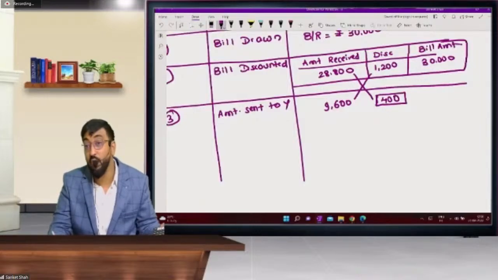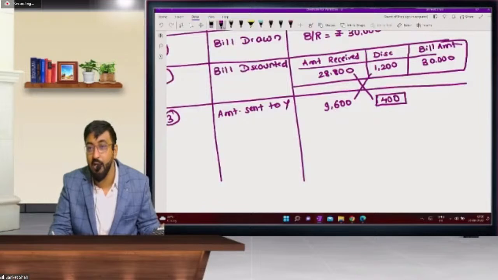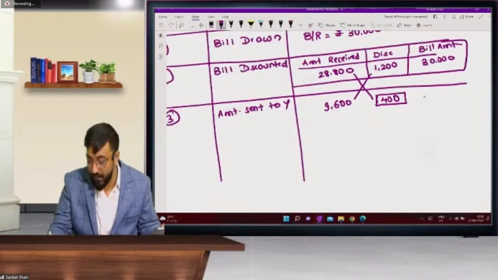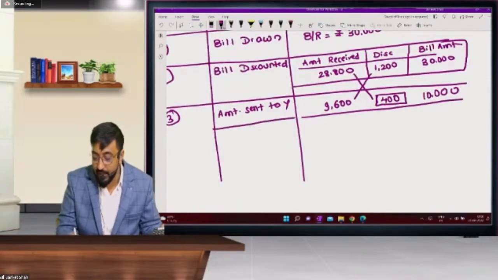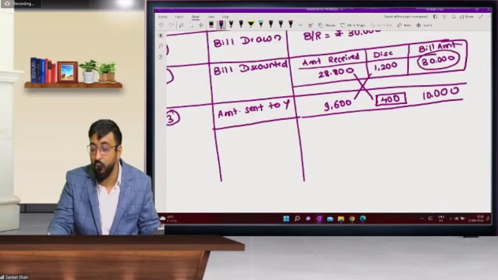So we have to transfer the discount also. 1,200 is not a loss of X. Out of that, he sent 9,600. So proportionate discount is 400, and 10,000 is sent out of 30,000.